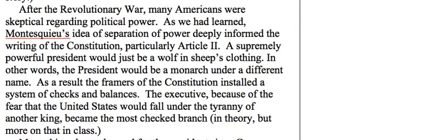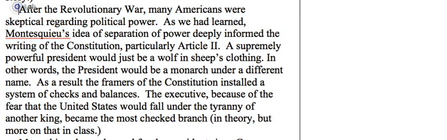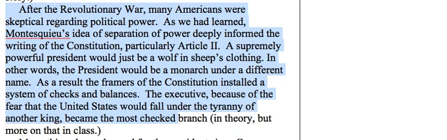What you'll see, where the mouse is right now, is the left side of the screen, and it's only one paragraph. We're going to focus on this paragraph right here. Then there's a right side, a second column, where you can also type independently of the left side of the paragraph. We're going to go through this together.